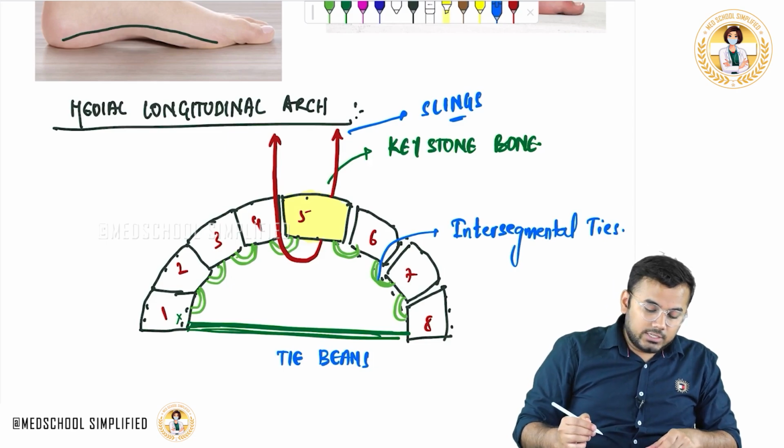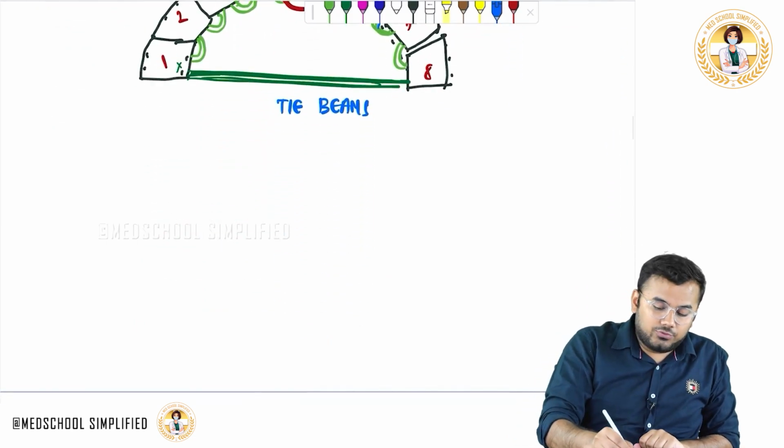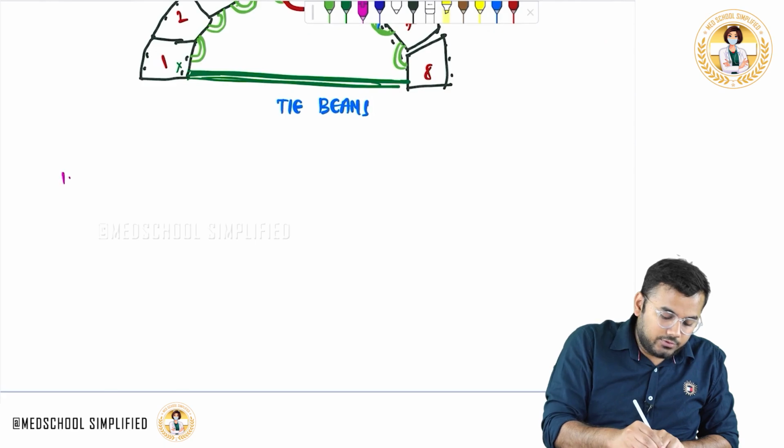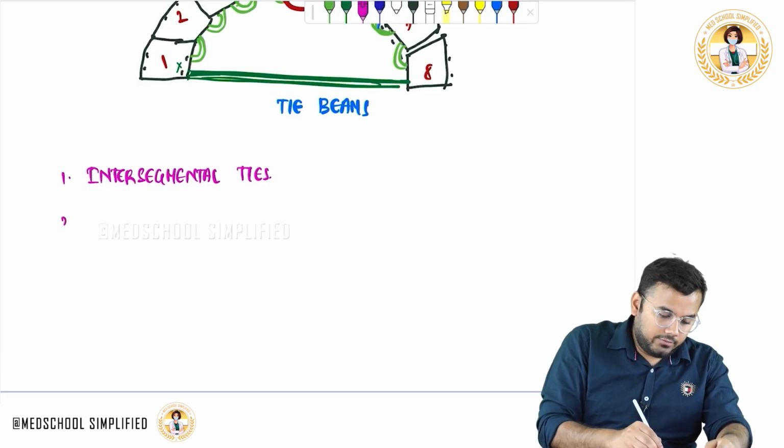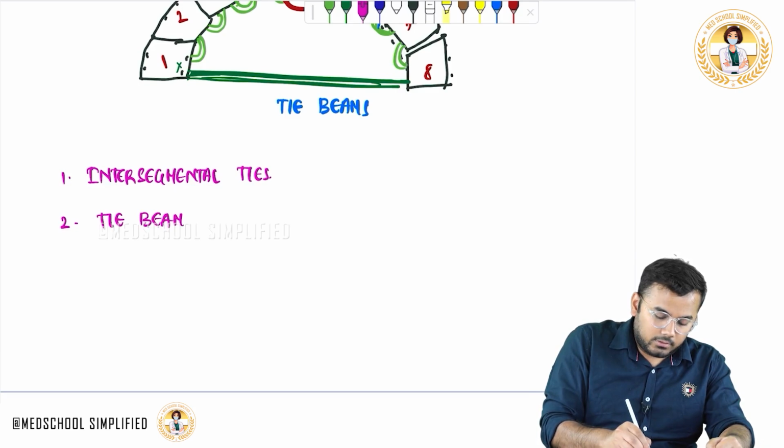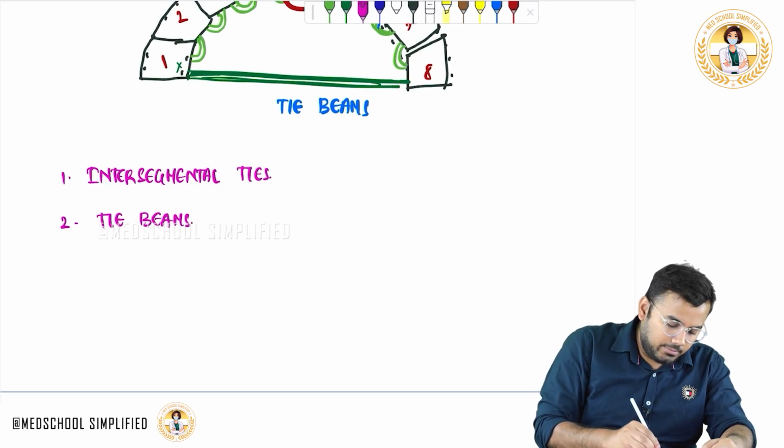So what are the things we discussed, guys? In any kind of arch, we need to have a few important things. The first important thing we discussed was intersegmental ties. Okay, the second important thing we discussed was tie beams.